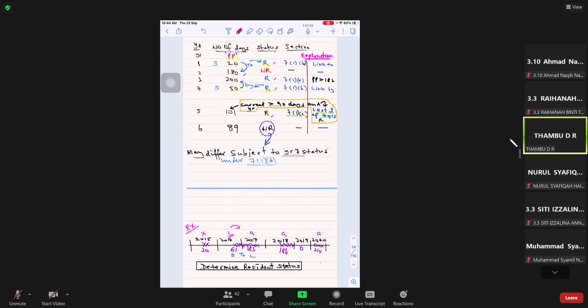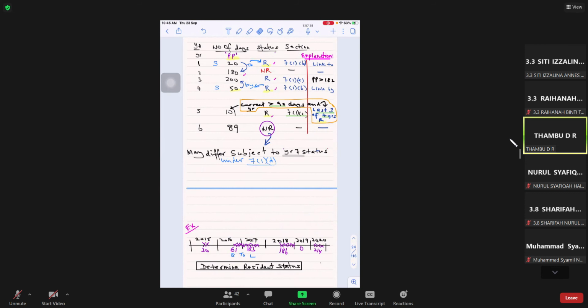This one, next year resident, last 3 years resident, D. So I can use D, correct? D, ya? Betul lah? Betul. Base cerita. Okay. Now, what I want to ask you is this one.